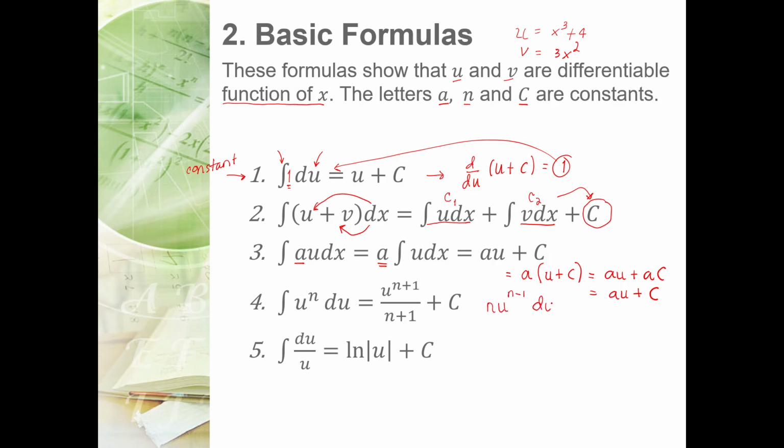We bring down n, making it a coefficient of the variable, and then we take one off the exponent of the function of u, and then we take the derivative of u after. Now notice in integral calculus, since we took one off in the derivatives and we're reversing back to the equation, we add one.